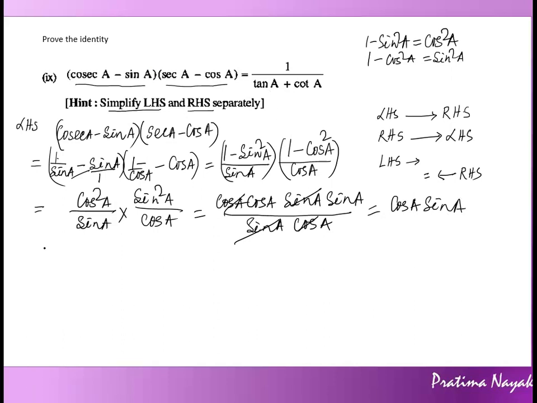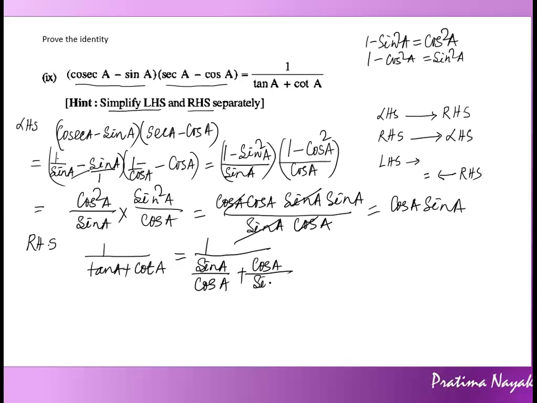Then I'll go for the right hand side, RHS. RHS will be 1 by tan A plus cot A. What I'll do? I'll convert tan A as sine A by cos A. If you don't remember, please note it down. Cot A is cos A by sine A. Then it will be whole upon, cos A sine A is the LCM.